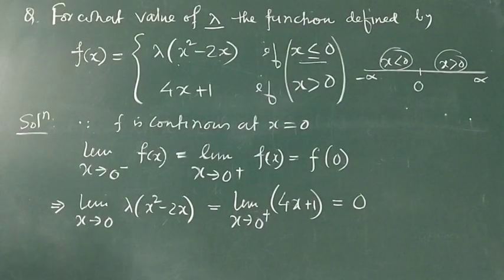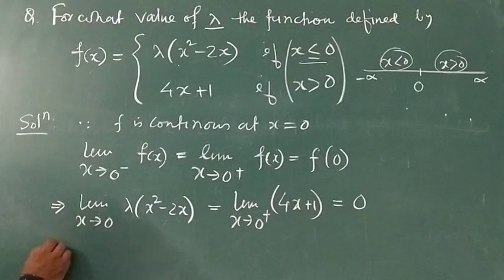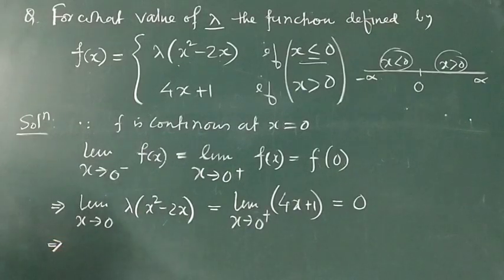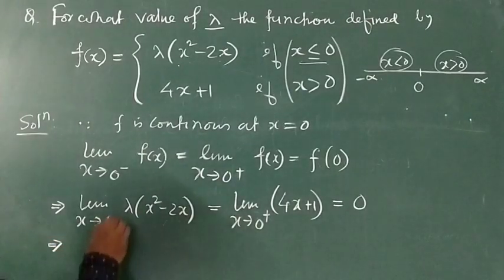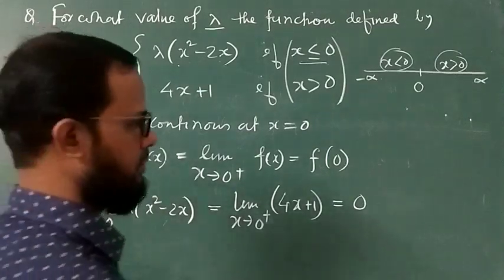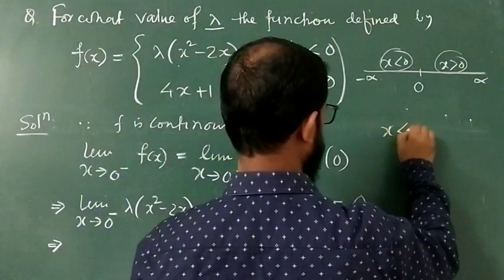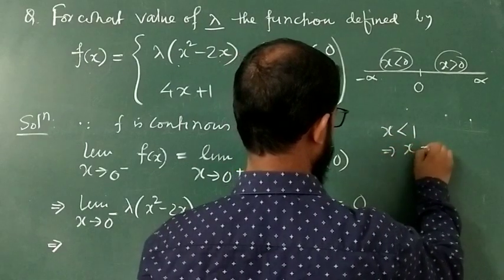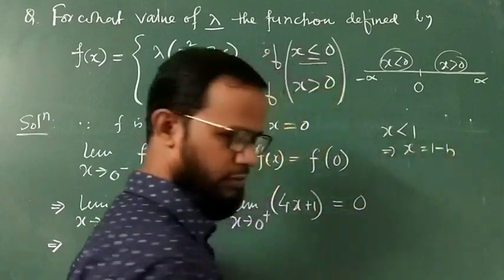Now we are going to change it in terms of h. It is 0 minus. I already told you, if suppose x is less than 1, then we can write x is equal to 1 minus h, where h is positive.